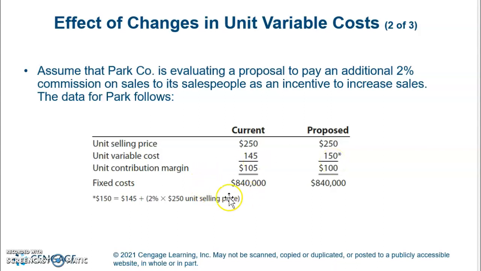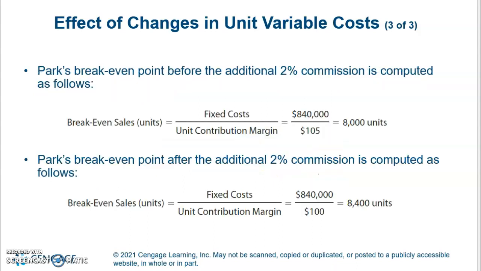So now our fixed costs aren't changing, but our unit contribution margin changes because our unit variable cost changes. So you're going to divide by your contribution margin here, which changed, and it shows you we have to sell more units to cover that increase in variable costs.